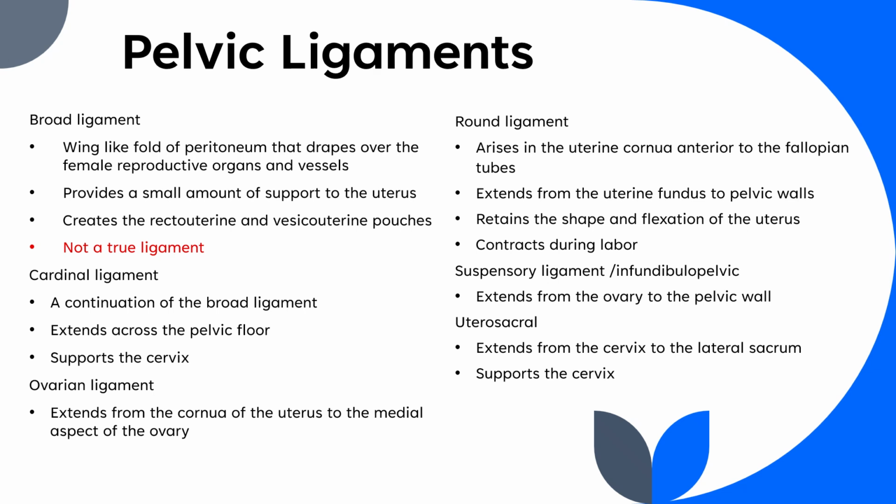And then we have the ovarian ligament, and you guessed it, this is going to support the ovaries. It's going to come out at the cornua where the fallopian tube comes out and go immediately to each ovary, okay? Next, we have the round ligament.